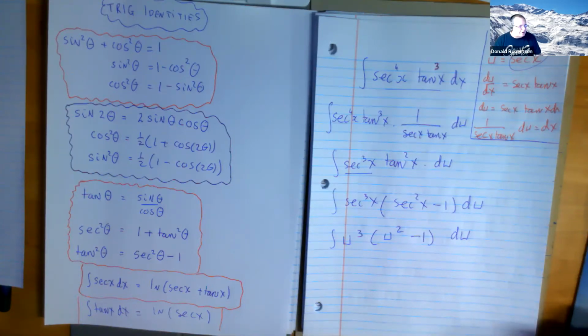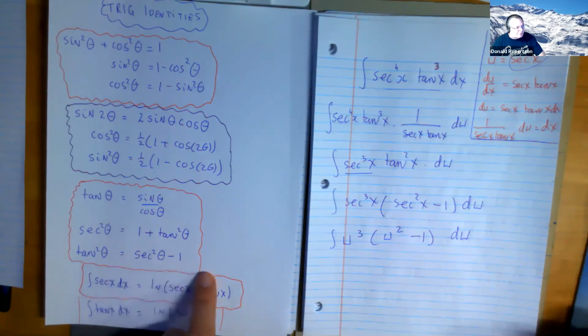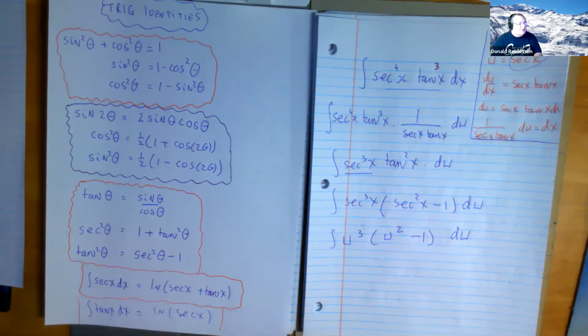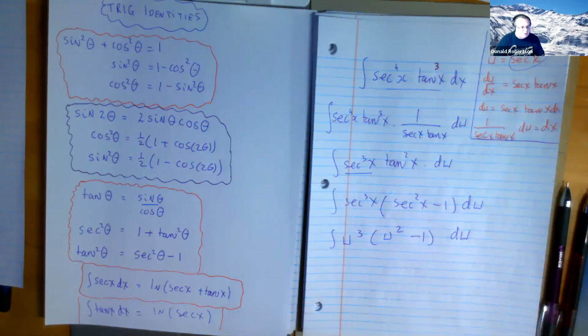Even powers you can fix, right? A secant squared can be turned into a version of tan squared. A tan squared can be turned into a version of secant squared. So it's okay to have even powers of the other thing left over. You just can't have odd powers of the other thing left over. Are we cool so far?